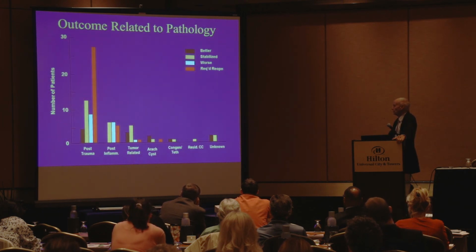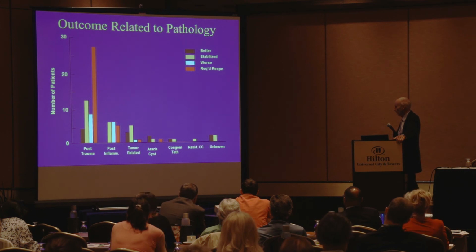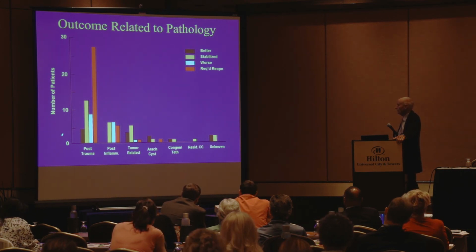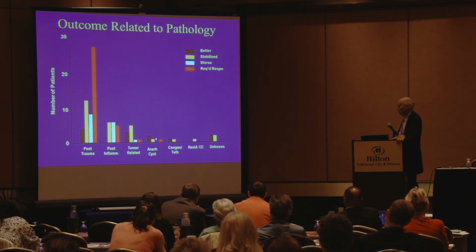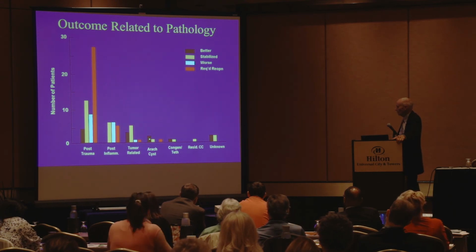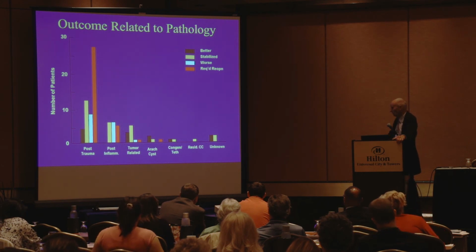I think I will just illustrate this, that the most common reason for shunting is trauma in our experience, but that also includes the largest number of patients who required reoperation. When there's an arachnoid cyst, the numbers are relatively small, but the outcome is much, much better.